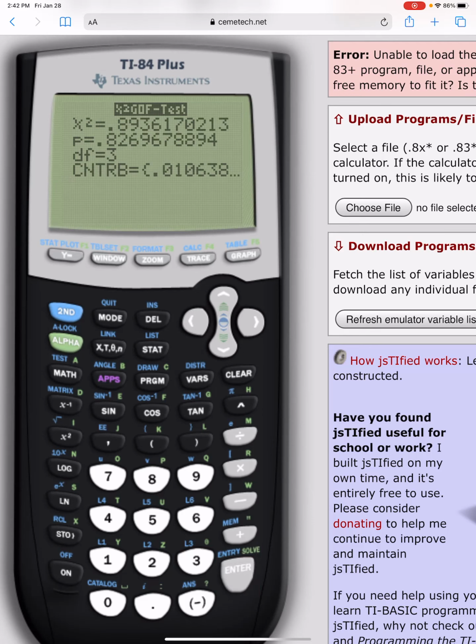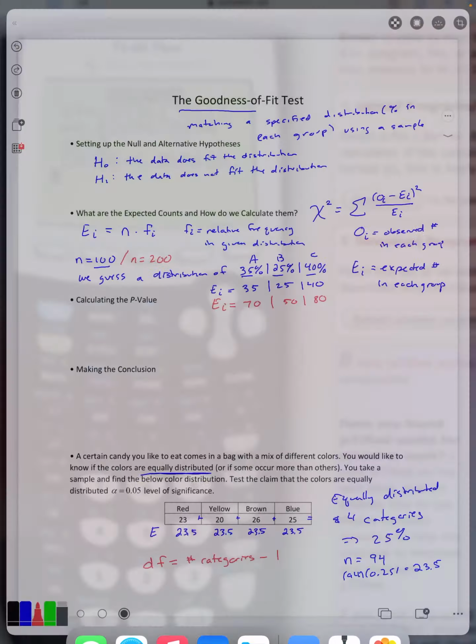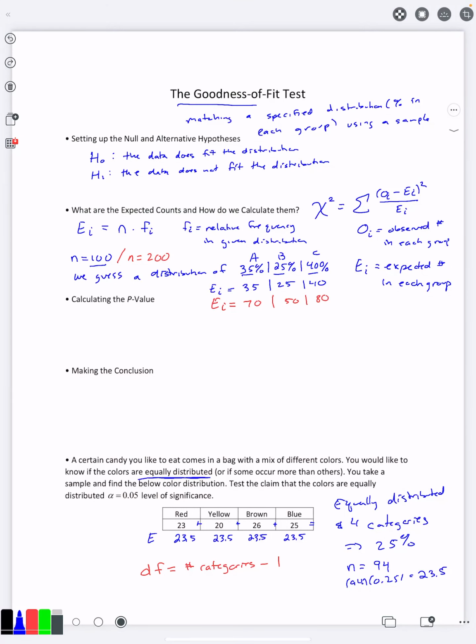And then hit calculate. And you see we get a p-value of 0.827 here. That is my p-value. And what that means is an 82.7% chance that if they were equally distributed usually, that we get a sample like this.